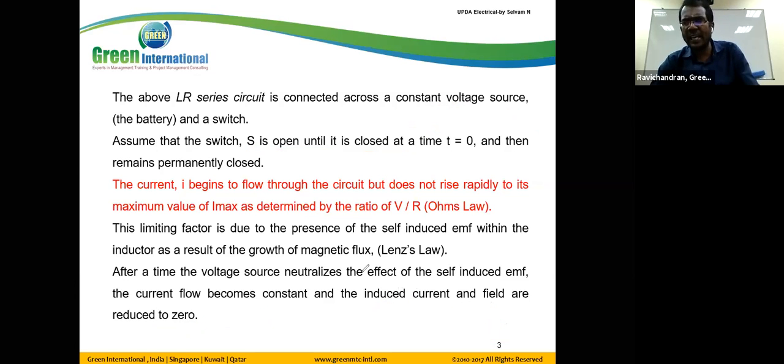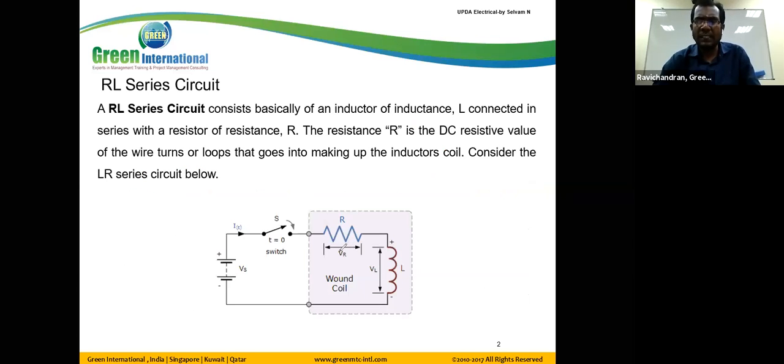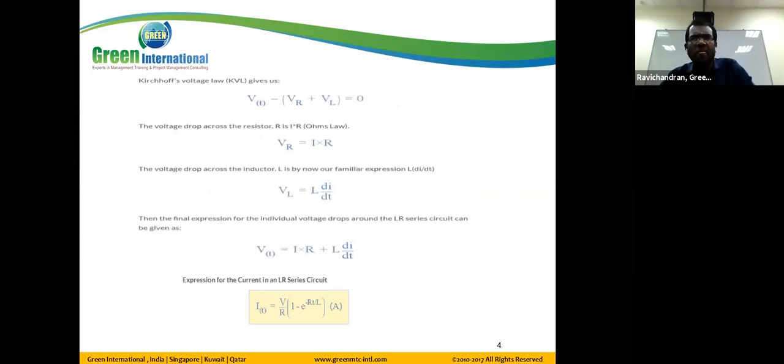From this circuit diagram, we have two elements, resistance and inductance. Voltage across the resistance is VR, voltage across the inductance is VL. By using Kirchhoff's voltage law, V in is equal to V out.